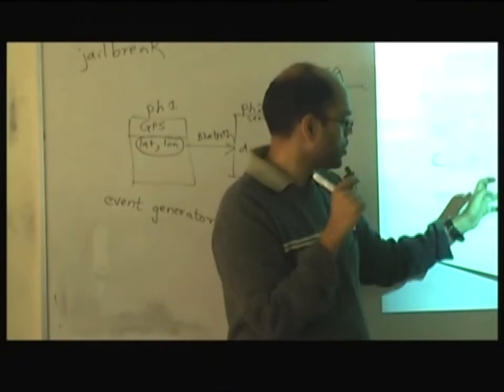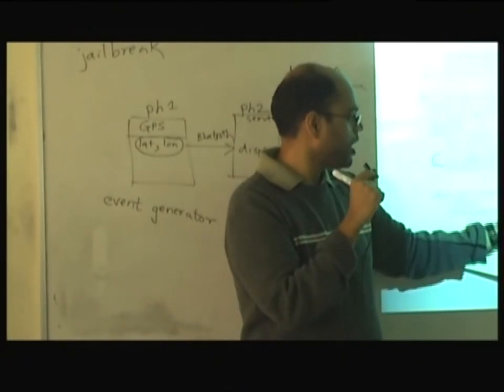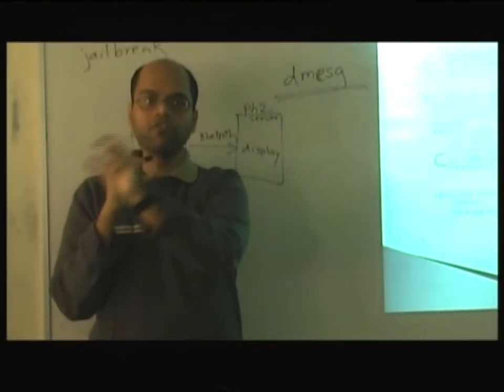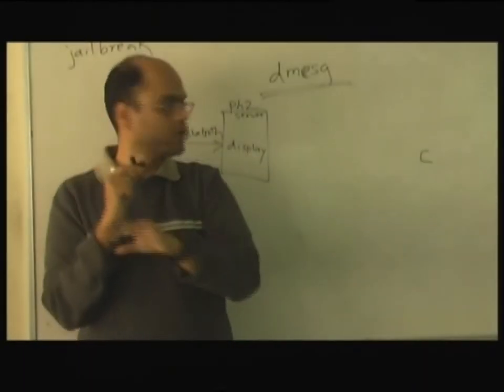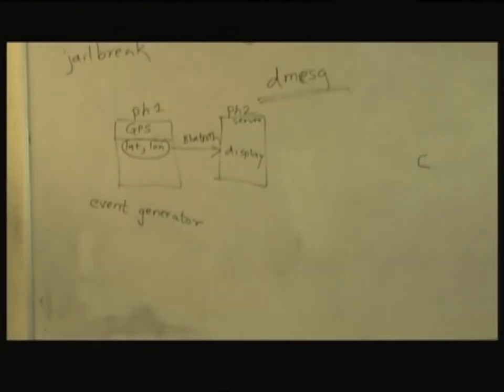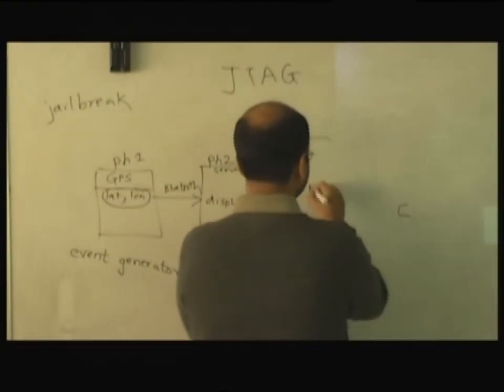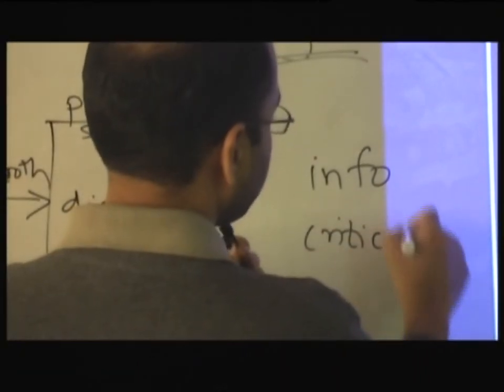You can say Log.d for debug, and whatever statement you write will go to the log file of the Android phone and be stored there, with different levels of logging. One is information, another one is critical, and something in between.